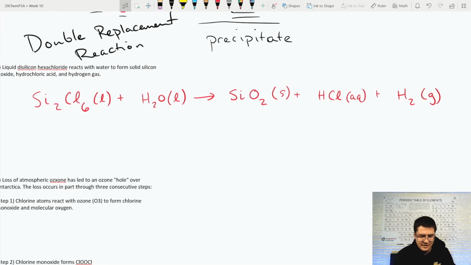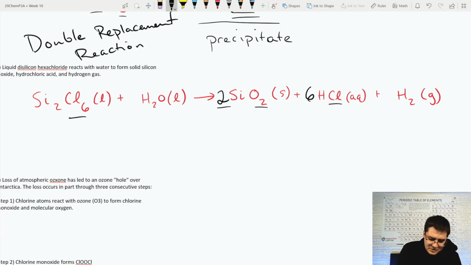All right. That's a pretty nasty equation. I think we leave hydrogen for last. So we have to balance out the silicons first. So let's try this. 2 SiO2s. Okay, let's check the chlorines. I have 6 of them here, but I have only 1 of them here, so I'm going to put a 6. And then hydrogens. Okay. No, wait, we haven't balanced oxygens yet. Let's balance oxygens next.